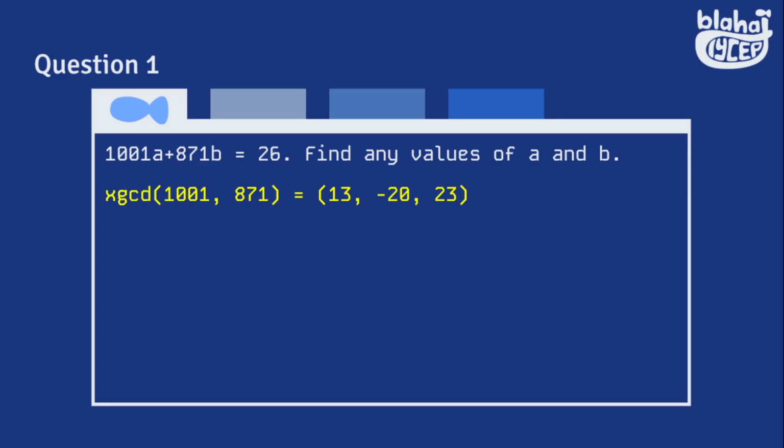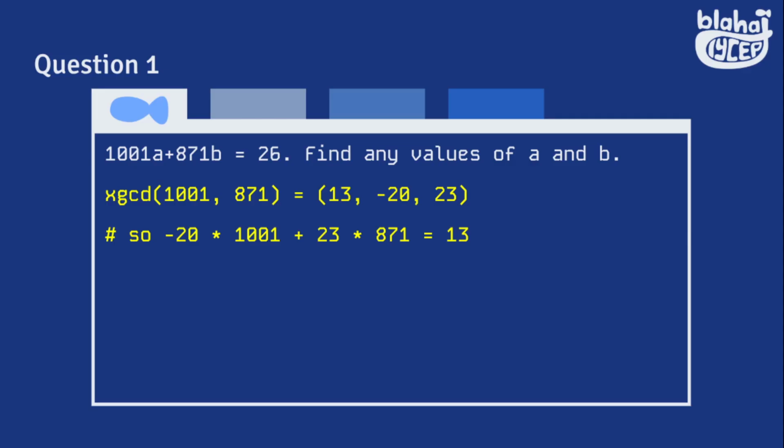So we can call XGCD on 1001 and 871, which gives us negative 20 times 1001 plus 23 times 871 equals 13. Now we have a solution for 13, but we want 26.